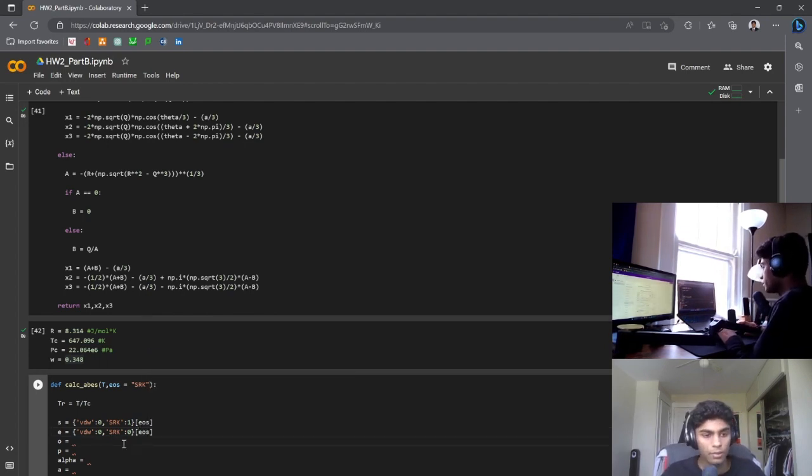For omega, our van der Waals is going to be 1/8. And for SRK, let's see here, it's going to be 0.08664.